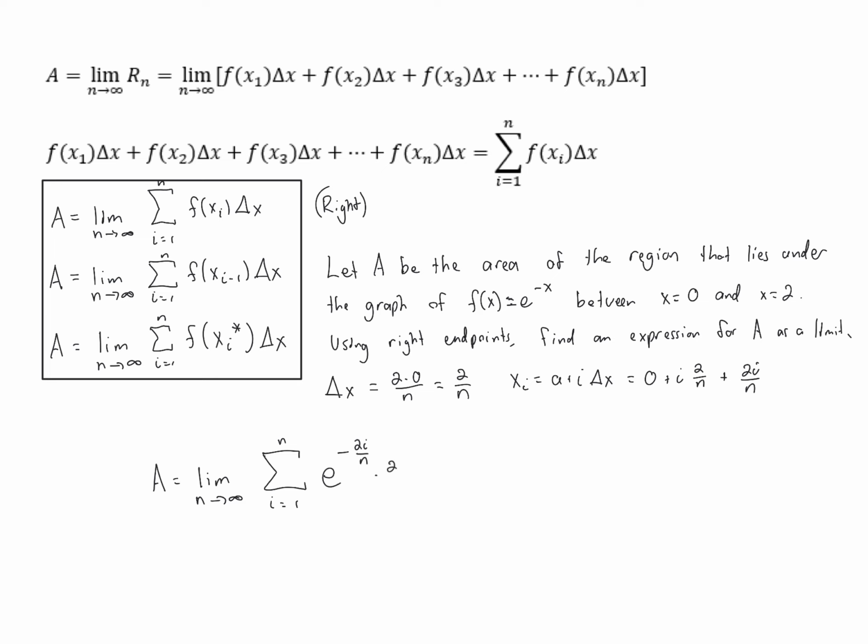So times 2 over n, and I'll put that in parentheses just to make it a little bit nicer. And this is an expression for the area underneath that curve expressed as a limit of a sum. So we do not have the tools to evaluate this limit yet, but this is one step closer to formalizing how we can do these calculations to figure out these areas.